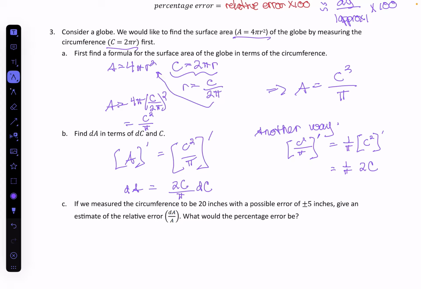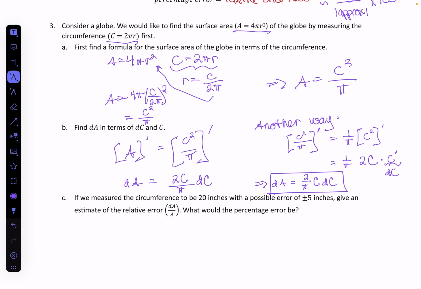Let's say we're differentiating with respect to r. c changes as a function of r, so does A. So then we would need to multiply by the derivative of what's inside, and what's inside is just c, so we'll have the c prime there. But instead of writing c prime, we are going to write dc. Okay, so this then gives us that dA, the differential for A, the little change in A, is going to be 2 over pi c times dc. And here is our formula that involves our differentials.